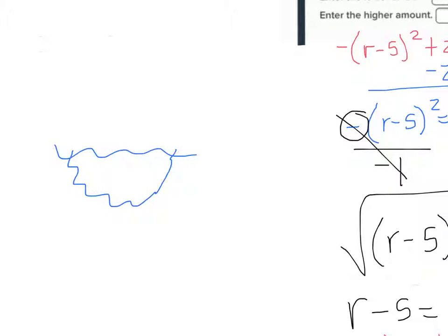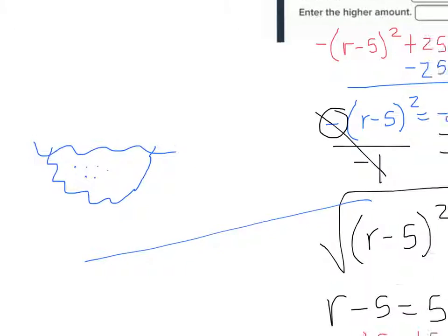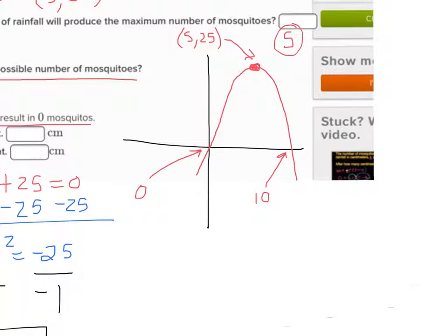The mosquitoes lay their eggs in the water, and it has to be standing still water. It can't be moving water, right? Well, if it rains, then there's standing still water, right? But if there's no water, is there anywhere for them to lay their eggs? No. So that's why this graph makes sense.